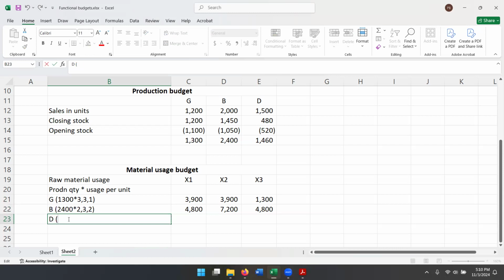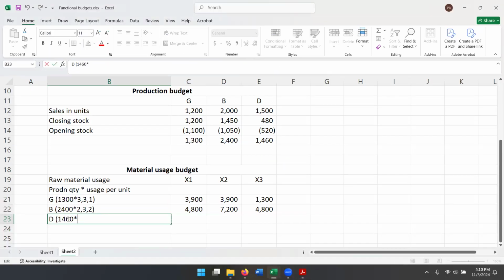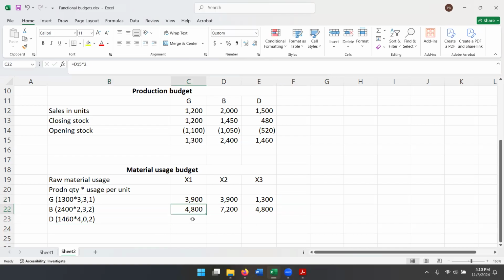Then 1,460 multiplied by 4, 0, and then 2. You see that? So this makes it easier.